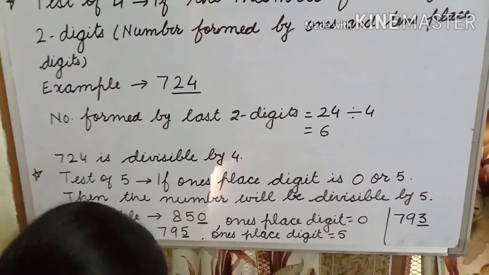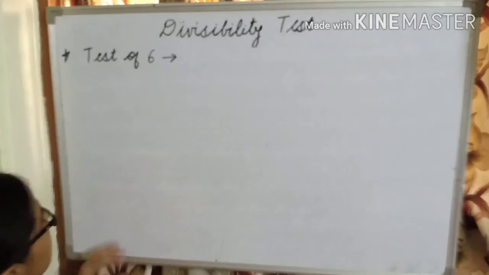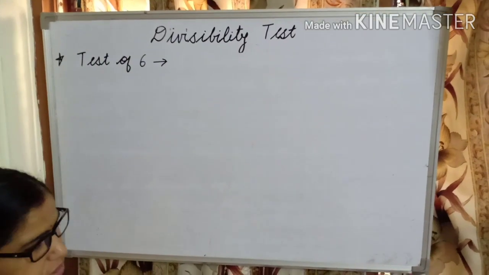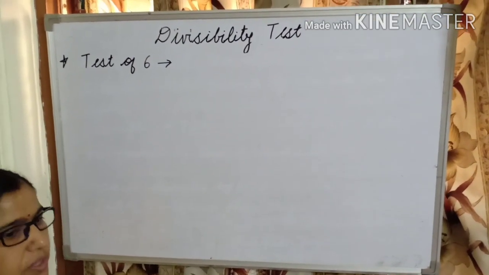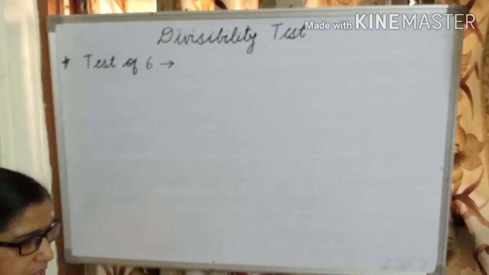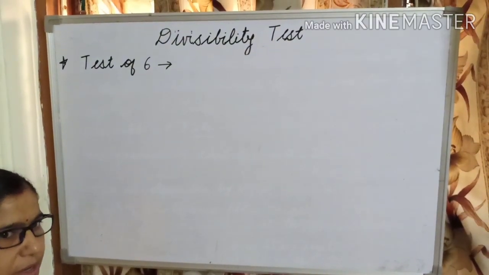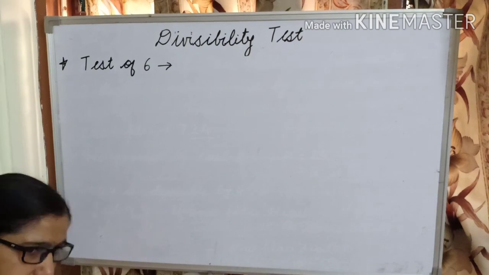Now next example. Our next test is test of 6. For 6 what you will do? You will check whether the given number is divisible by 2 and 3 both.